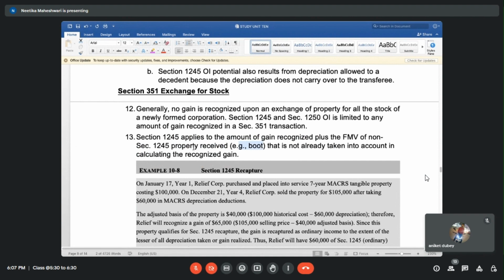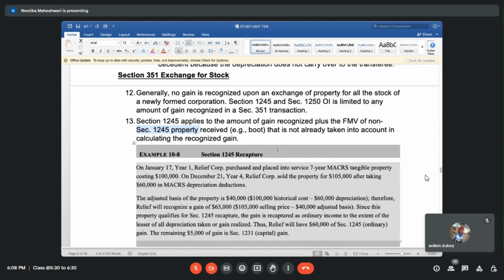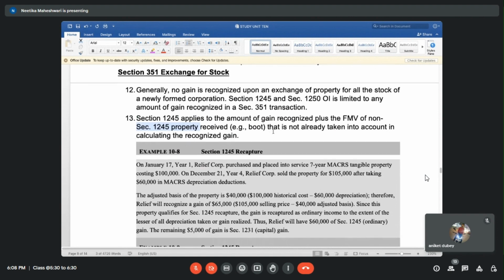Cash is not a section 1245 property. But if there is some exchange happening and they are giving up this property and getting some other property in lieu of that, which is not the same nature of property, then we'll have to recognize the gain and follow certain steps. Section 1245 will be applicable to that kind of property.